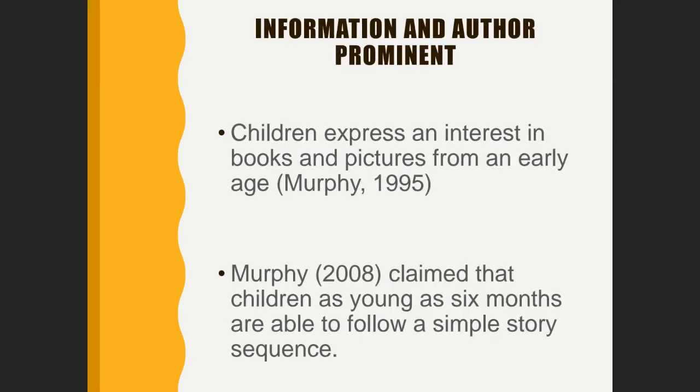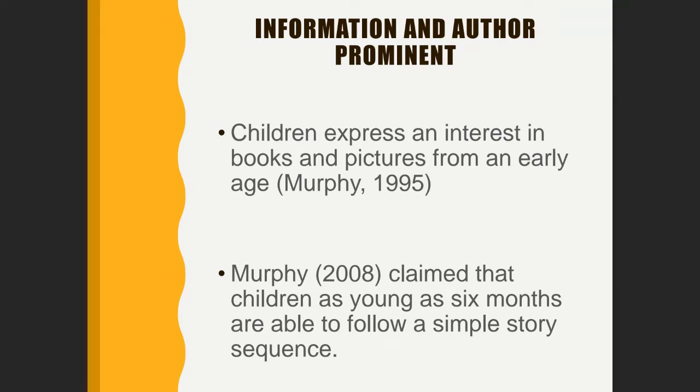There are two ways here: you can have information prominent or author prominent. The first one: children express an interest in books and pictures from an early age, Murphy, 1995. That's just summarizing or paraphrasing, so that's a citation.